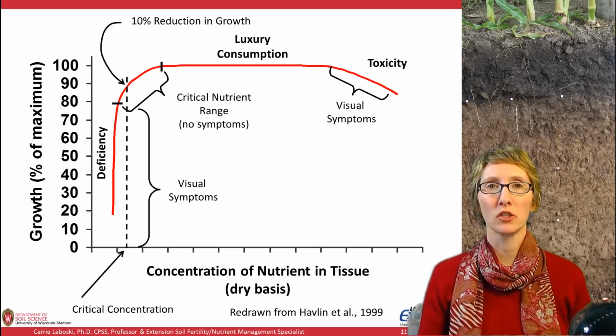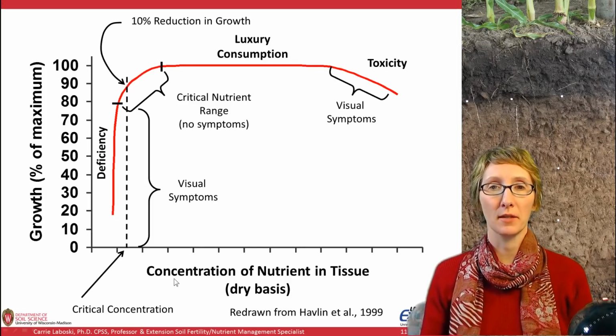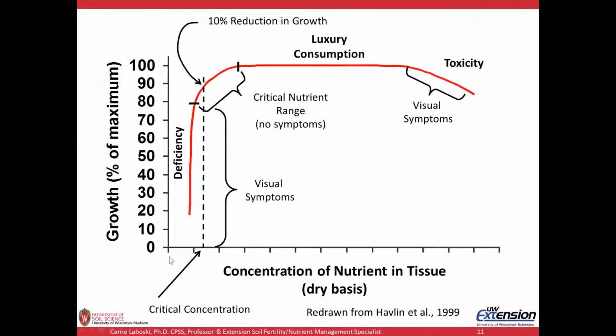So the sufficiency range, this graph describes it nicely, I think, where we have our concentration of nutrient in the crop tissue. Remember, this is on a dry matter basis, so it's going to be parts per million or percent depending on which nutrient. And this is the growth as a percentage of maximum growth.